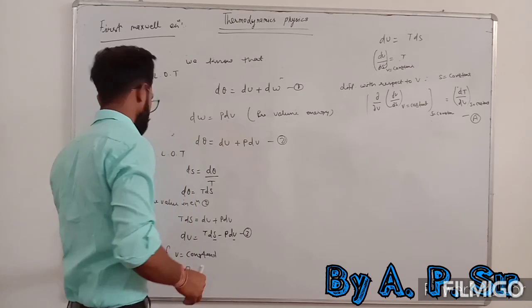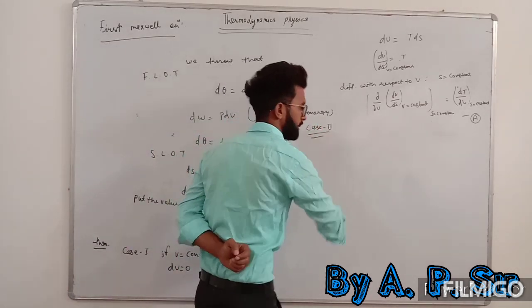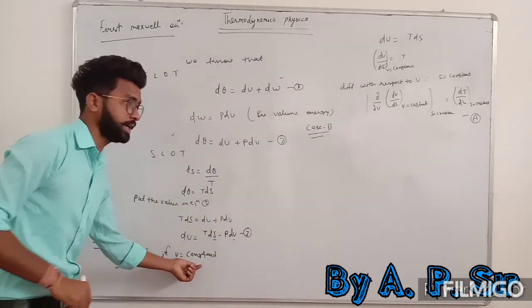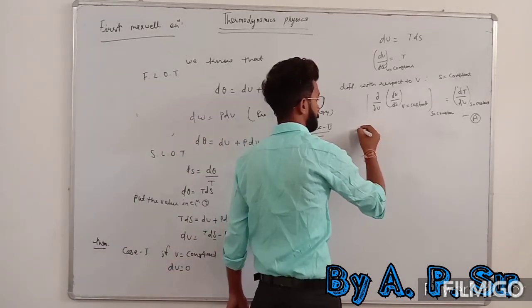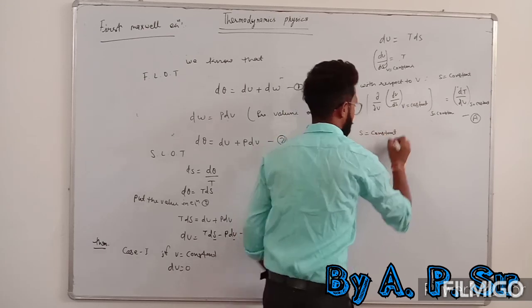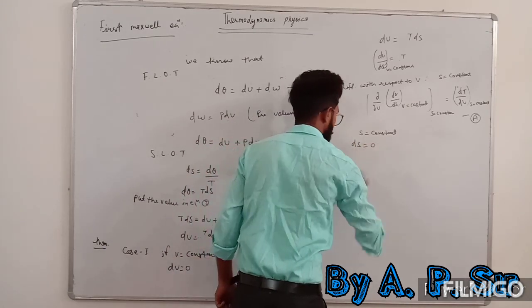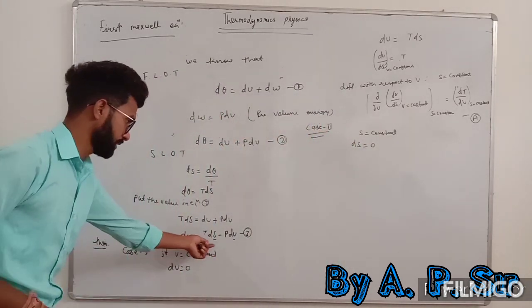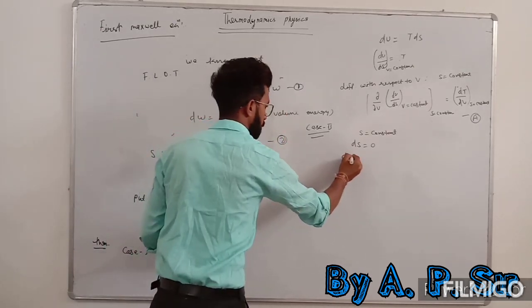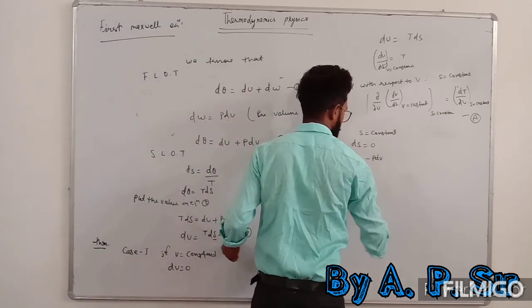Then the second case: we take S equals constant, so the differential of S is 0. Put in equation third: dU equals minus P dV.